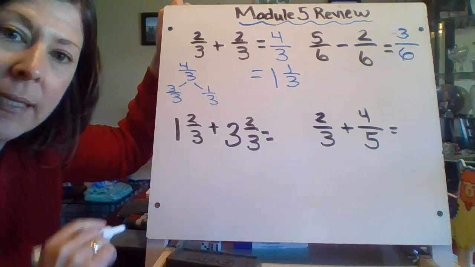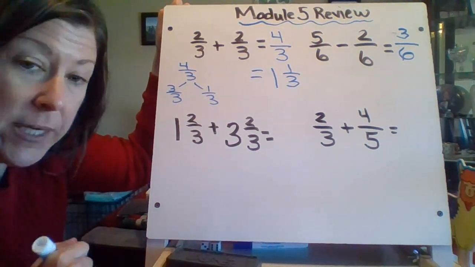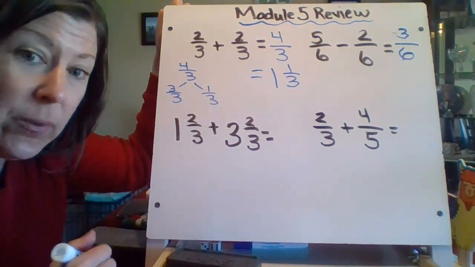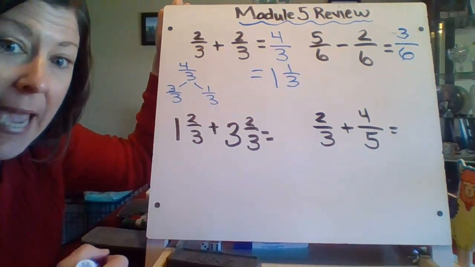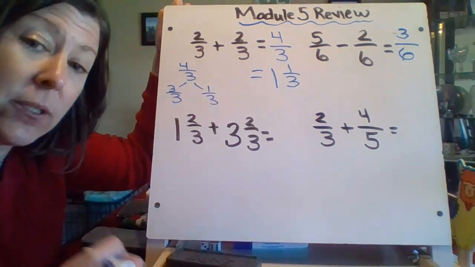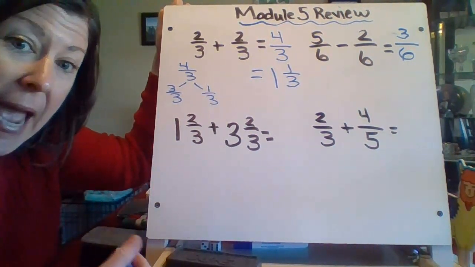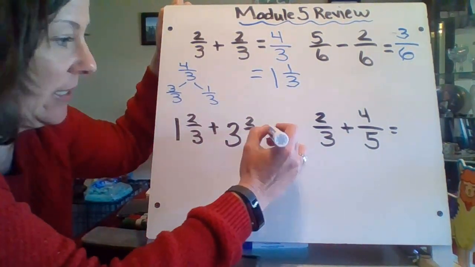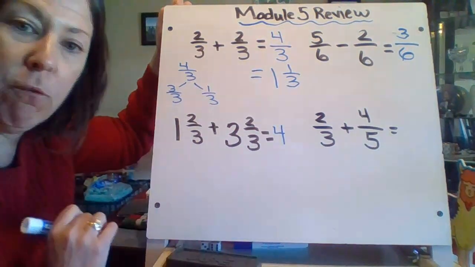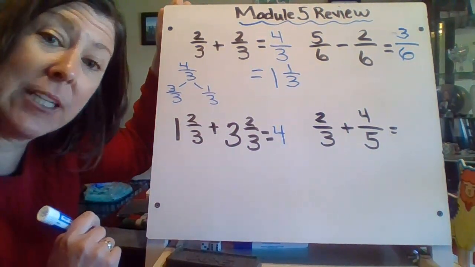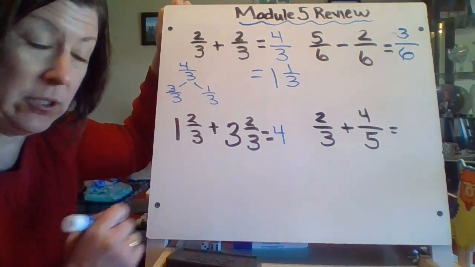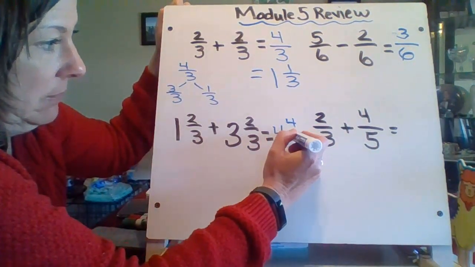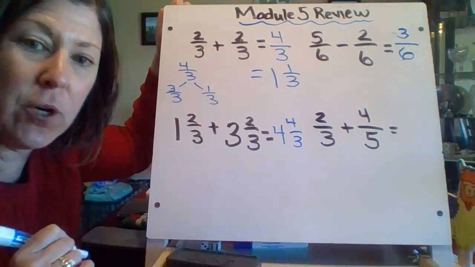Next one, I have some mixed numbers. 1 2/3 plus 3 2/3. And again, it's thirds to thirds, so I'm good. So I'm just going to add my whole numbers. 1 plus 3 is 4. I'm going to add my fractions. 2/3 plus 2/3 is 4/3.